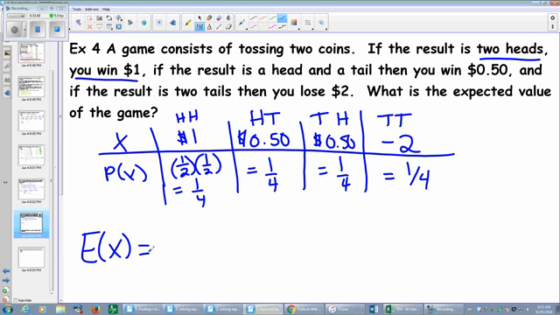Okay, Noah, what do I write for the first one? Okay, so tell me what you do for the first one. Very good. 1 times 1/4. Billy, what comes next here? Good. 0.5 times 1/4 plus what, Pat?